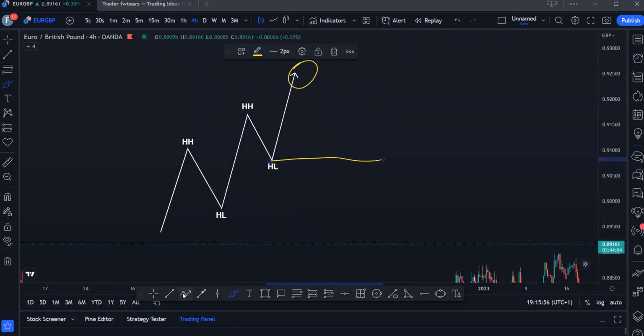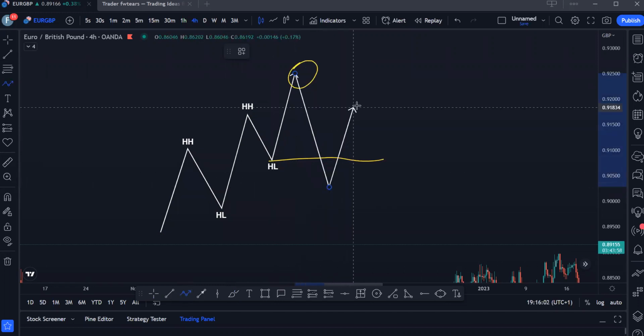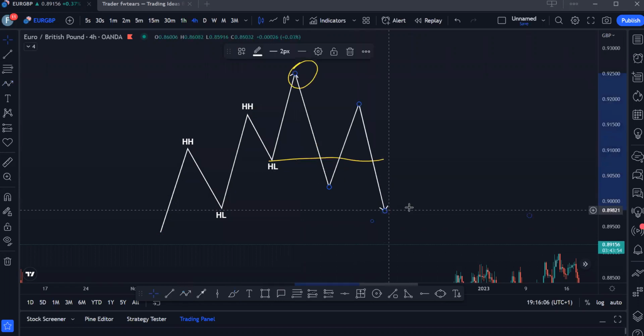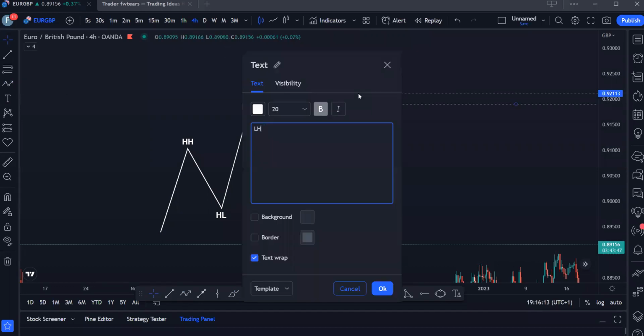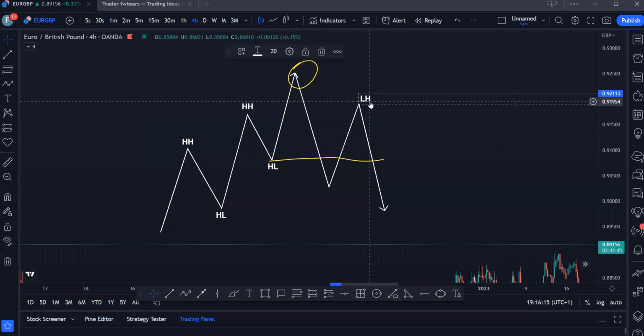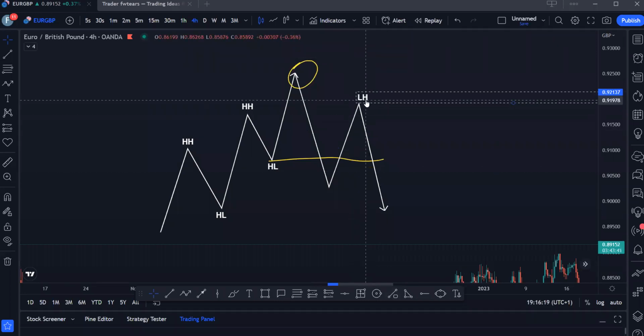So you want price to do this. Once price breaks this higher low, like so, once price corrects and gives us a lower low, now we'll say that price has shifted. So let's label all this properly. This is now our lower high. Remember our nomenclature, lower high.